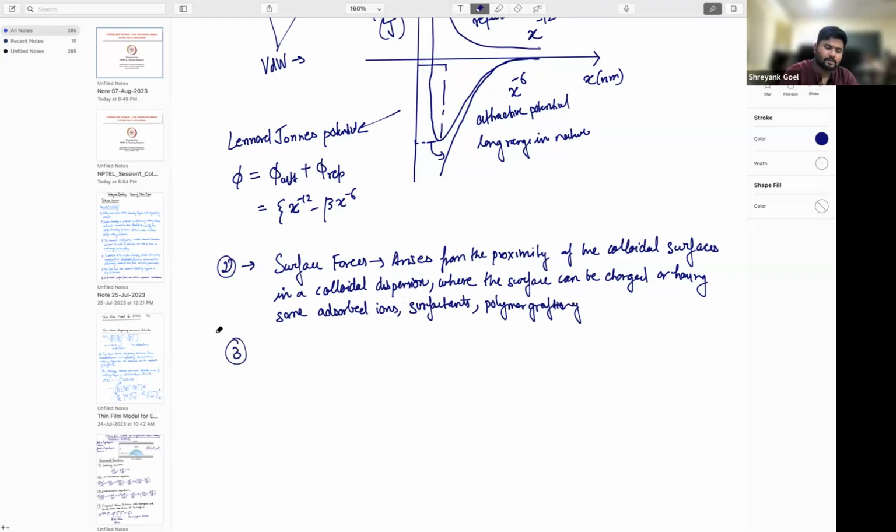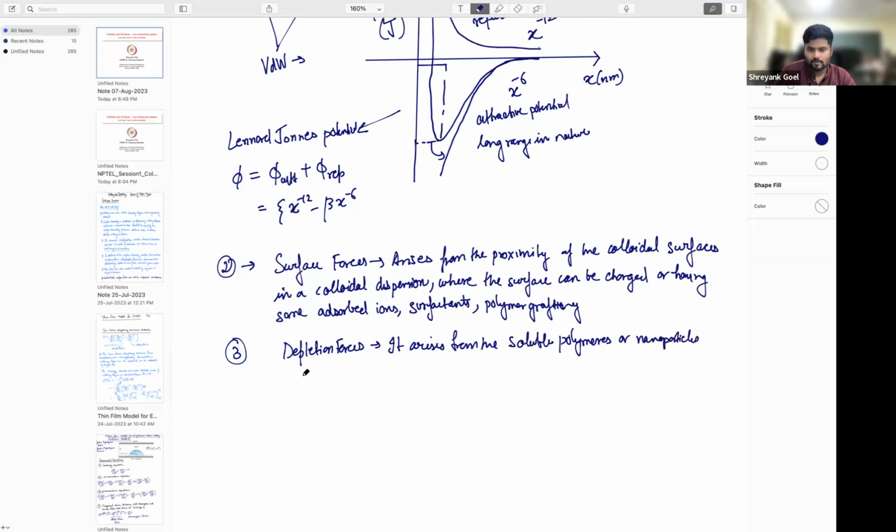Okay, then the third one is depletion forces. It arises from soluble polymers or nanoparticles that lead to attraction.